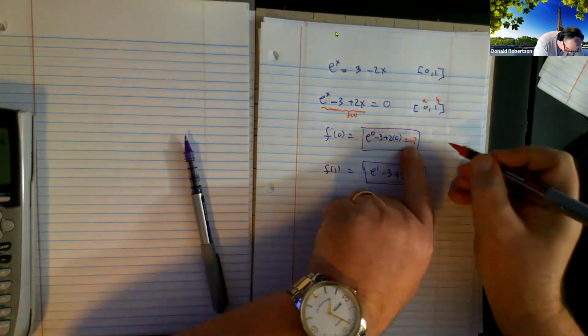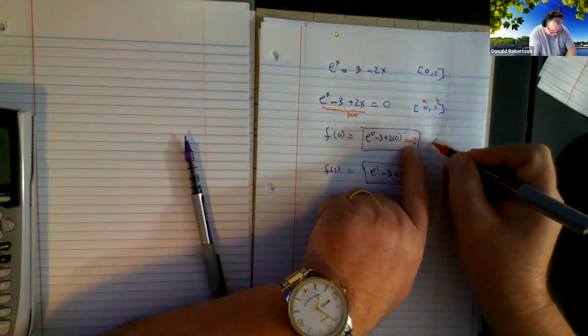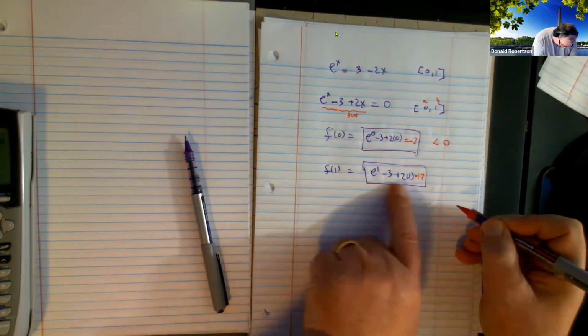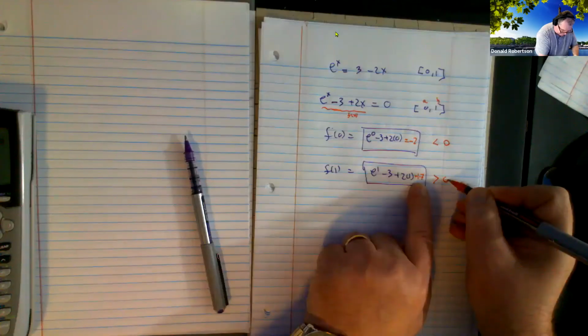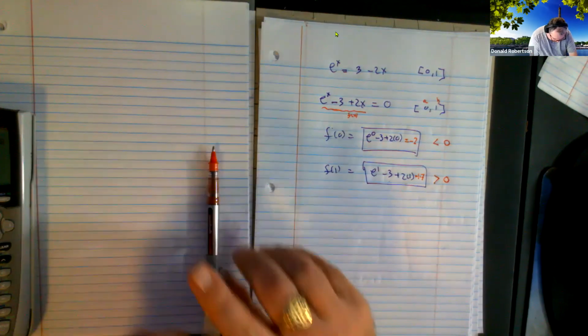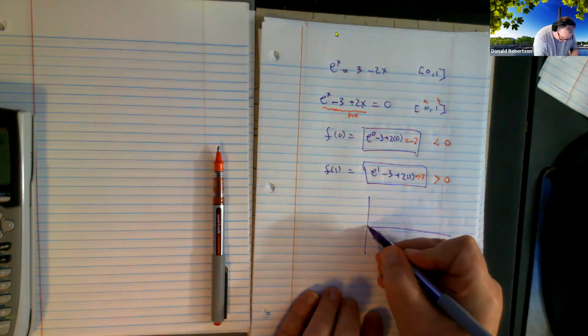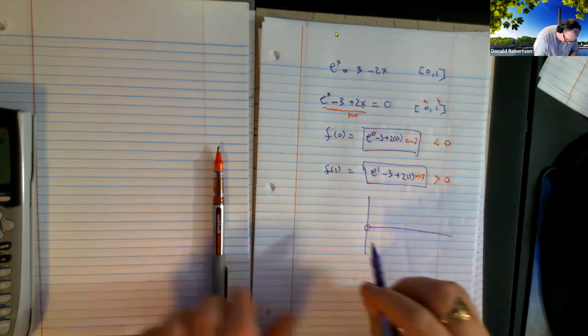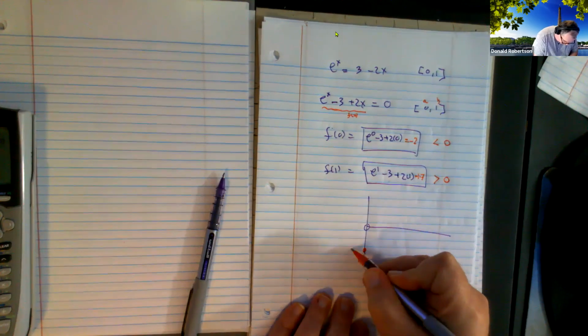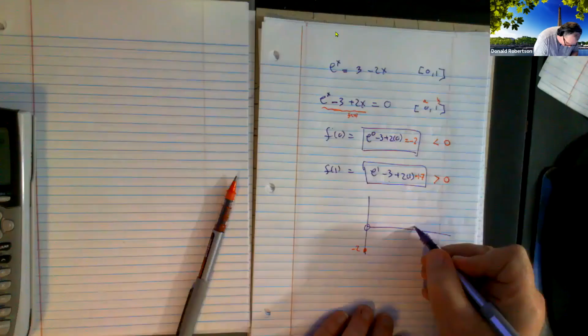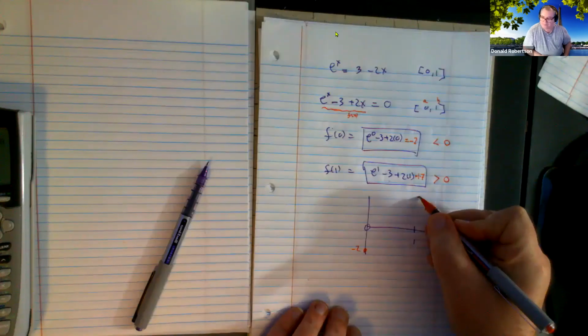Now, this is negative, so this is less than 0. And this is positive, so this is greater than 0. So if you can imagine putting that into your calculator, at 0, you would get an answer that's kind of down here, roughly. And at x equals 1, you get an answer that's about up here.